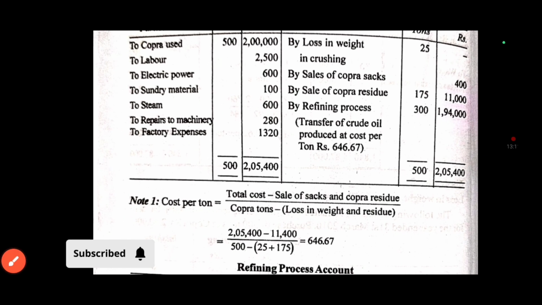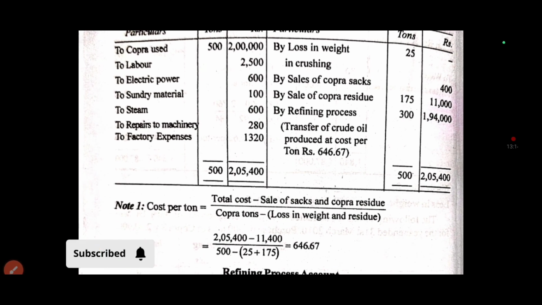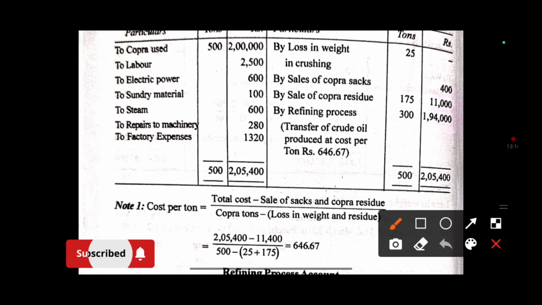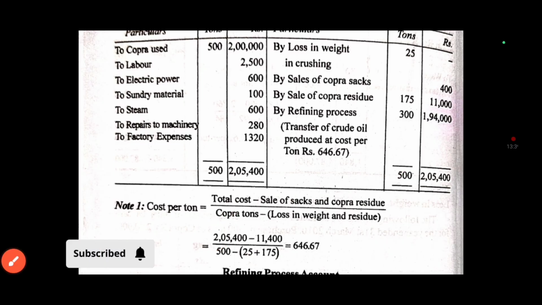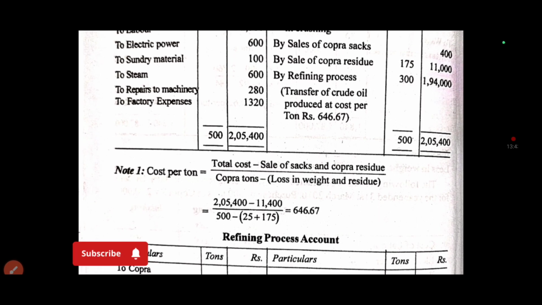Let's find out the output tons. What is the total ton? Let's see the denominator. The total copra is 500 tons, minus loss in weight. How much loss in weight do we have? 25 tons, plus the copra residue sold, 175 tons. So 25 tons plus 175 tons added together gives 200 tons, right?